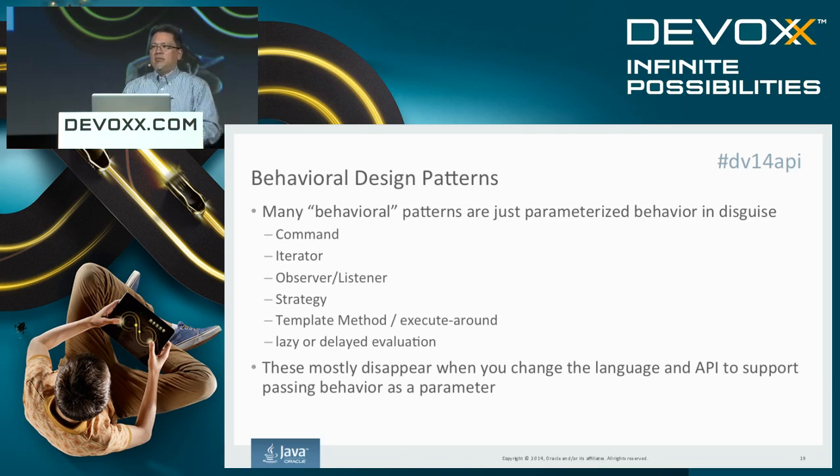So now that we have lambda, you can just write an ordinary method that accepts this bit of behavior and calls it at the right time or does the right thing with it. And the patterns are all sort of still there, and you can see them if you look carefully, but they're mostly invisible now because all you have is one method that takes a bit of behavior instead of all this extra business about subclassing and overriding.